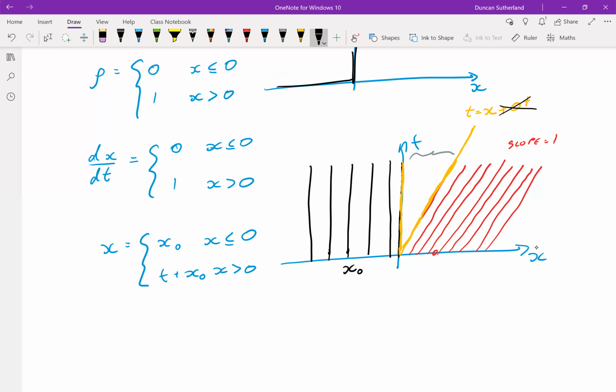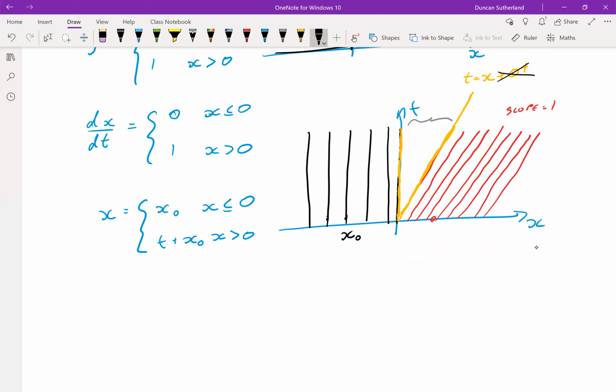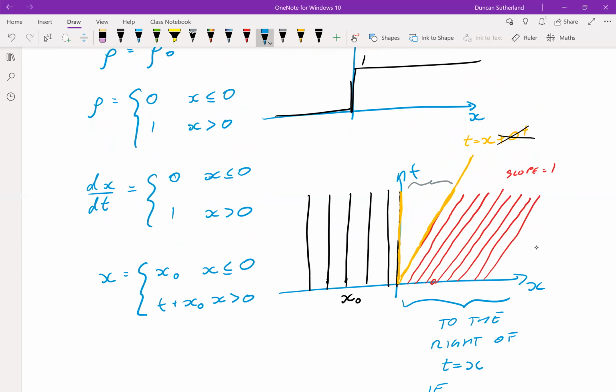Now on the characteristics, I know what my solution is. So on this line and over here, I know what my solution is. To the right of this line, sorry, so this region in here, to the right of t equals x, that is x greater than or equal to t, I know that my density must be 1, because that's what it was originally.